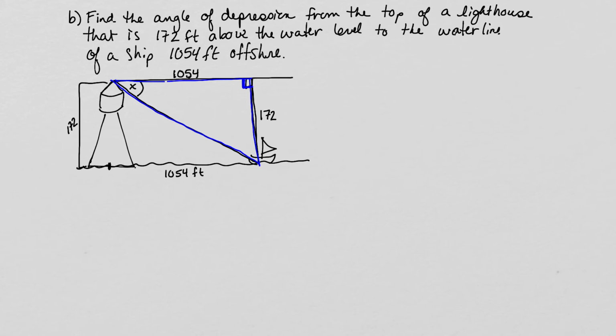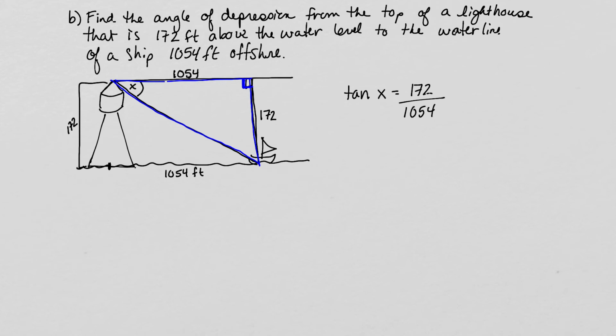No. Okay, so again, I need something that relates all this stuff together. So what's going to relate that angle? Yeah, so again, it's going to be the tangent. So the tangent of x, so we don't know the angle here, is going to be the opposite, 172, divided by the adjacent, 1054.